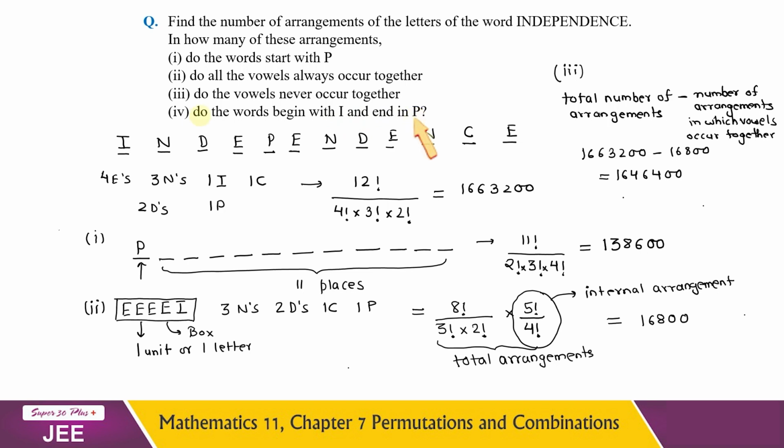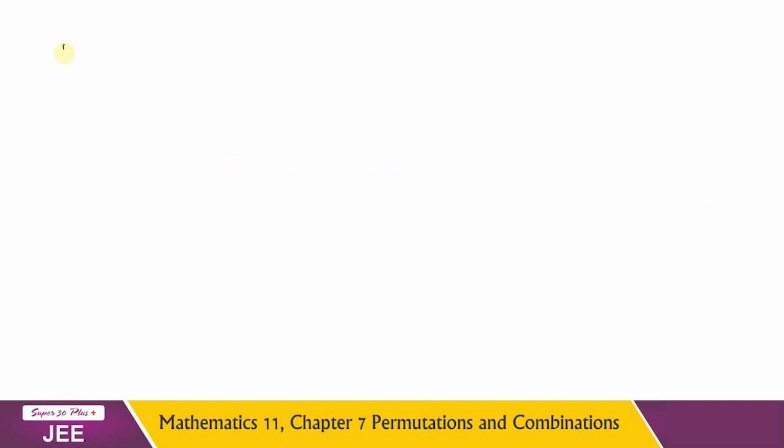Now, for the fourth part, we have been given the restriction that we have to form arrangements in which the first place is occupied by I and the last place is occupied by P. That is, the word has to start with I and end at P. So since the places of I and P have been fixed, we are left with a total of 10 places.